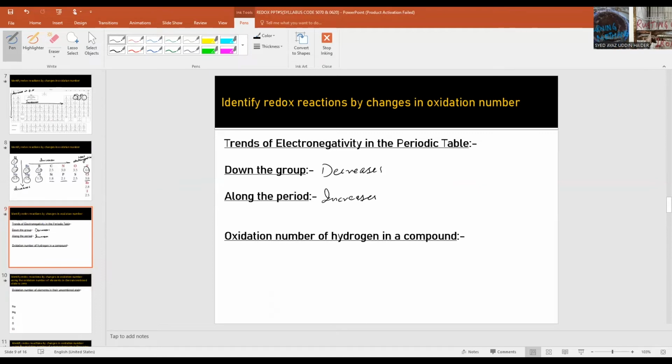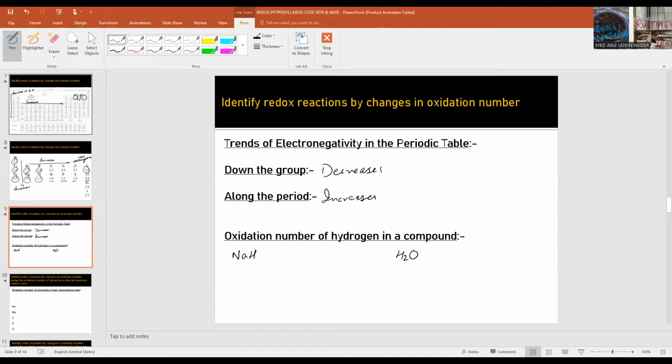There are some rules for predicting the oxidation number or state of an element in a compound or in an ion. You have to remember these rules. These rules are not that difficult. For hydrogen, it can be attached to any element. It can be attached to metals like sodium, forming sodium hydride, and it can attach to non-metals, like forming a compound with oxygen, water, H2O.